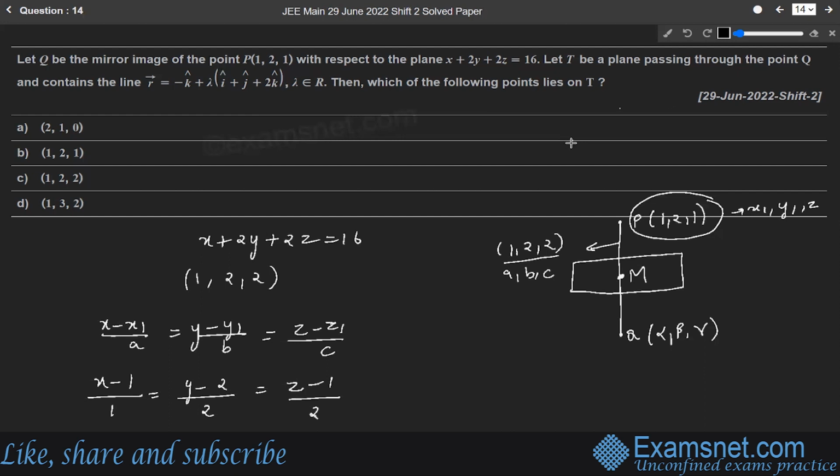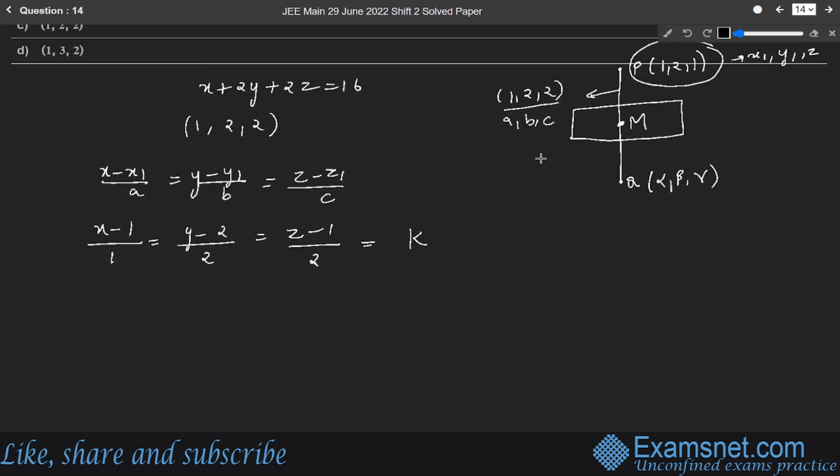Now to find the values of x, y, and z, firstly let us consider this whole expression equal to k. So we can easily find the coordinates. We separately equate all these terms with k. When (x - 1)/1 = k, then x - 1 = k, so x = k + 1.